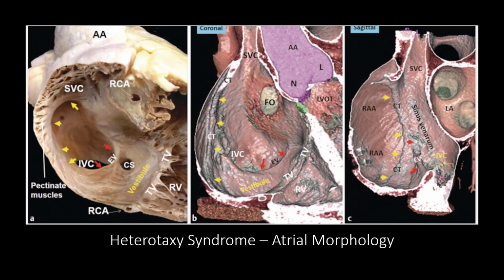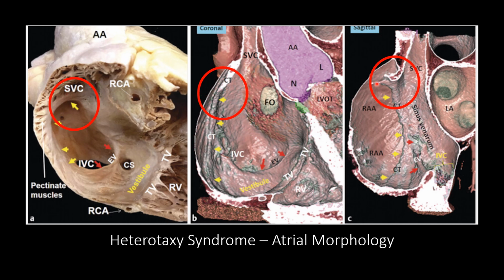The most identifiable feature within the fetal heart for evaluating atrial morphology is the terminal crest, or crista terminalis, which is this infolding on the superior cavo-atrial junction within the right atrium.